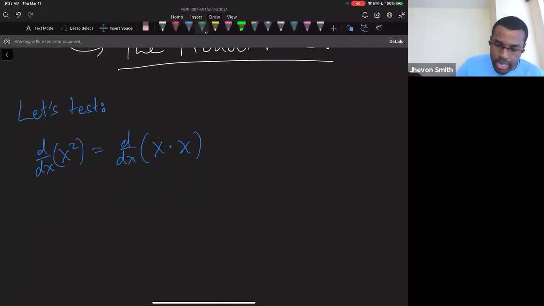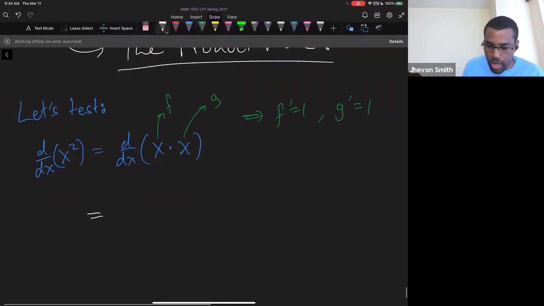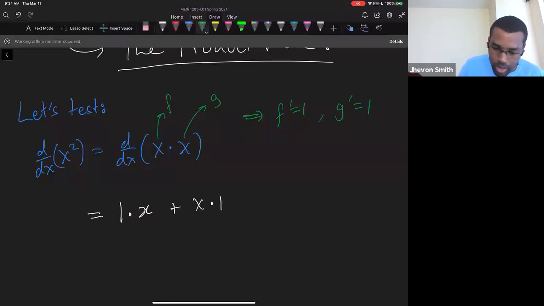Well, if I pretend that this is f and that is g, then you would get that f prime equals 1 and g prime equals 1. And so this would be the derivative of f times g plus f times the derivative of g. This is f prime g, and this is f g prime.